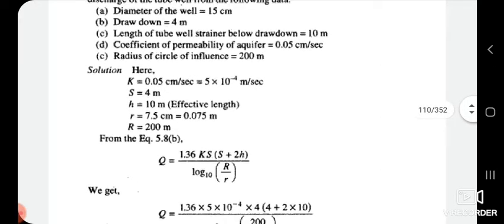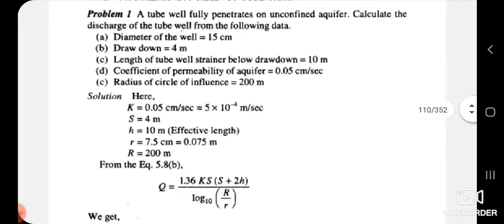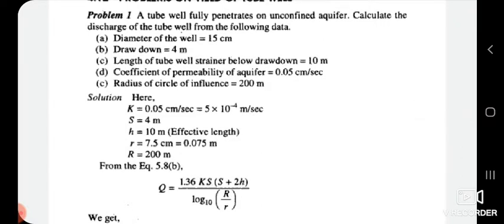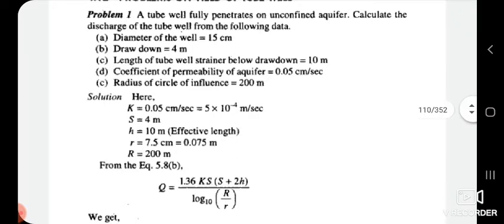So now here k is given as 0.05 centimeter per second, that is the coefficient of permeability of aquifer, and s is given as 4 meters, that is the drawdown, and h, small h, is the length of tube well strainer below the drawdown, which is 10 meter, and which is taken as an effective length, and r, small r, is 7.5 centimeters.